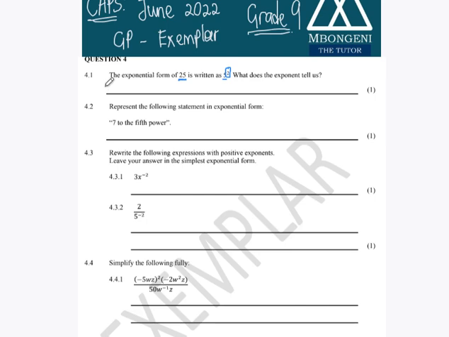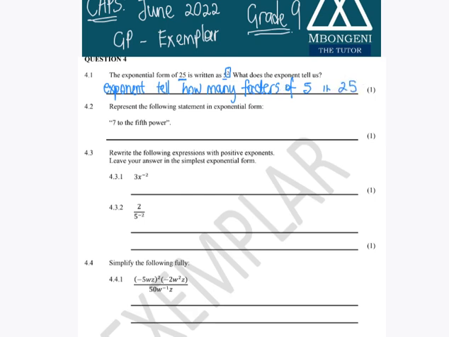So the exponent tells us how many factors of 5 in 25.